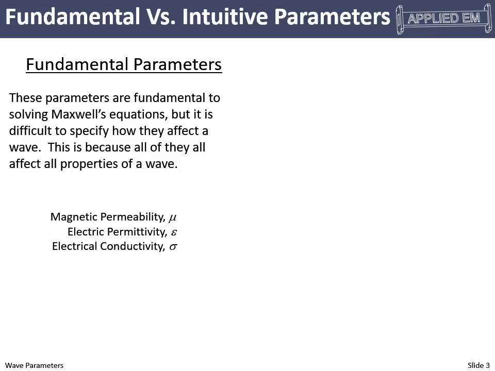I can't look at the permittivity and permeability and say anything about the wave. I don't know what its amplitude will be, how fast it's going to travel, the relation between E and H, or anything about the wave itself. They're just fundamental to Maxwell's equations.